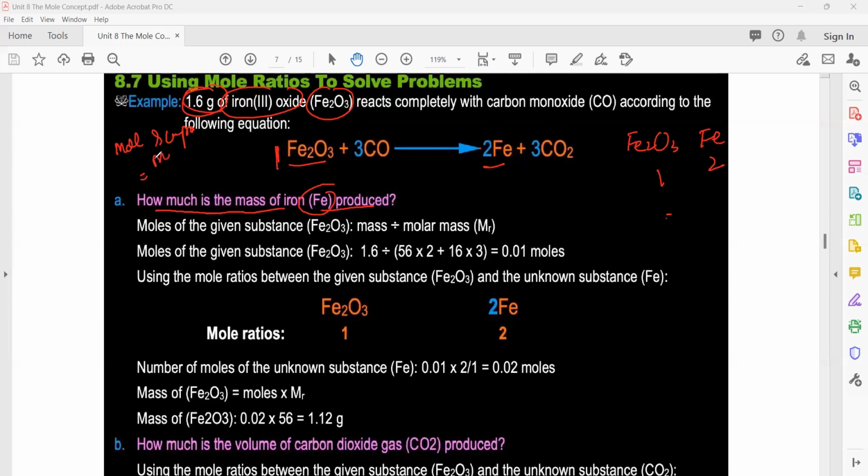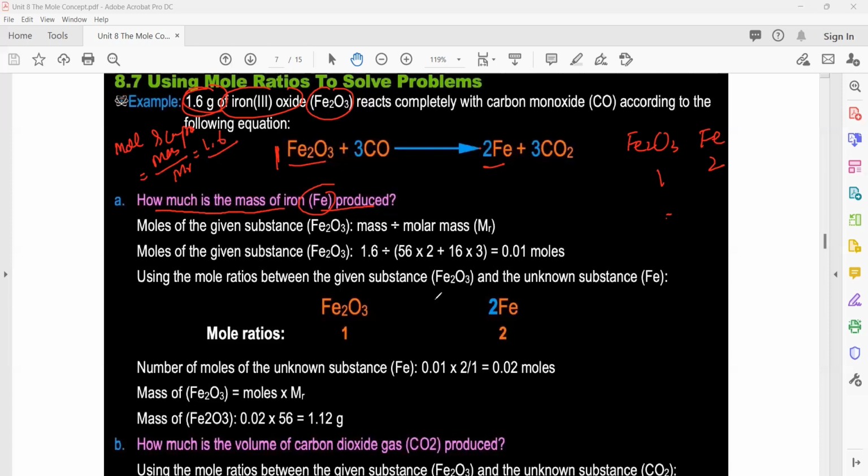You will write mass divided by Mr. Mass is 1.6, divided by Mr of iron oxide. That will be 56 multiplied by 2, plus this one. So it will be 160.